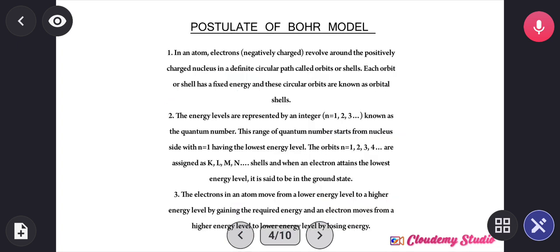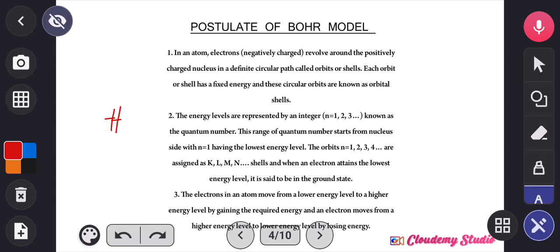Now, we say electrons revolve around the nucleus. We have a center which is positively charged, and we have an electron revolving around it in a circular path.